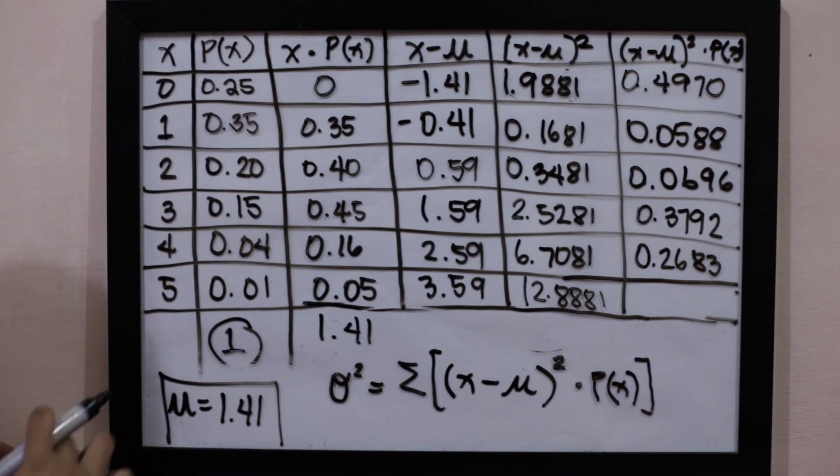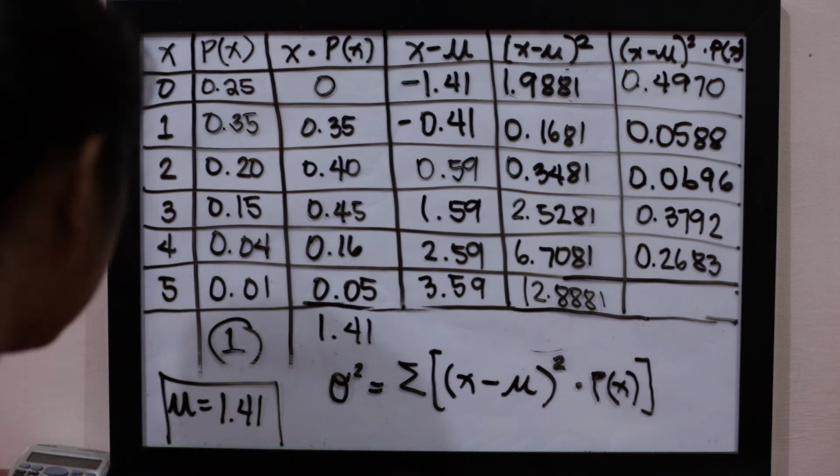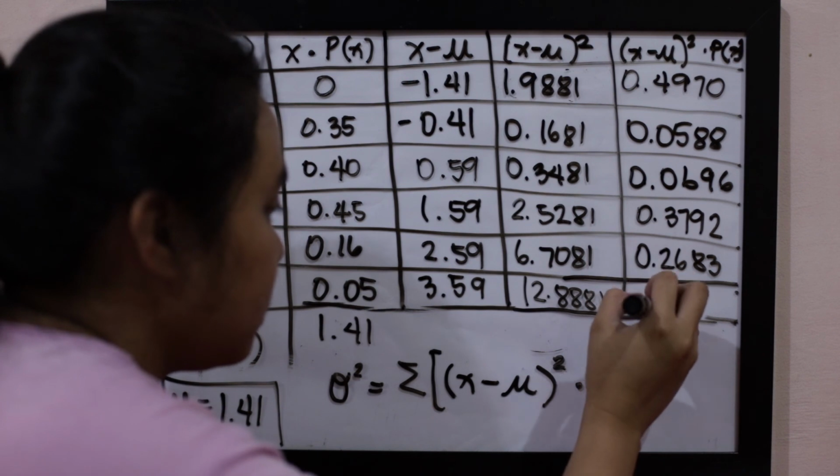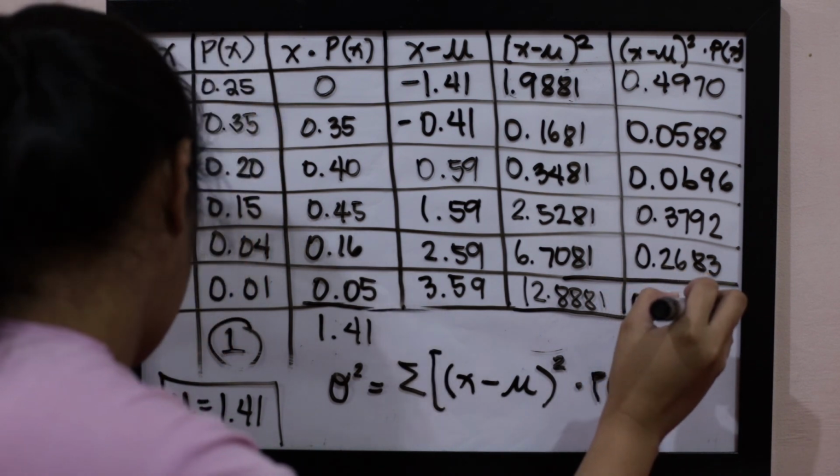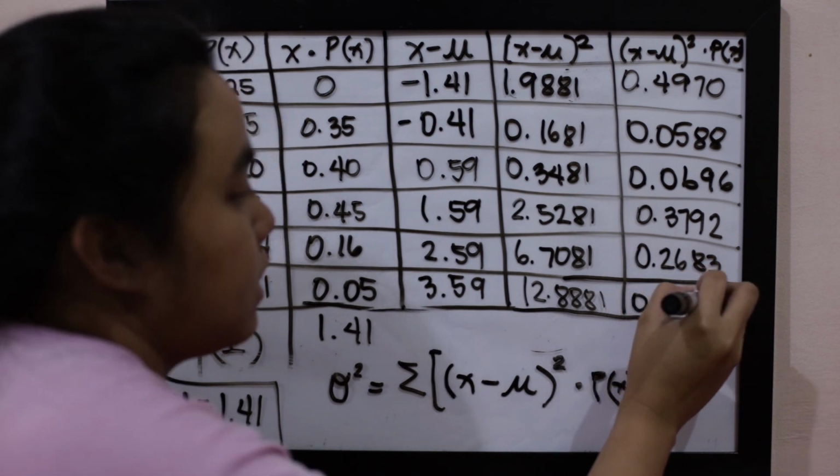Next, last one. Ayan, nakikita ko na ang liwanag. 12.8881 multiplied by 0.01. The answer po is 0.1289.